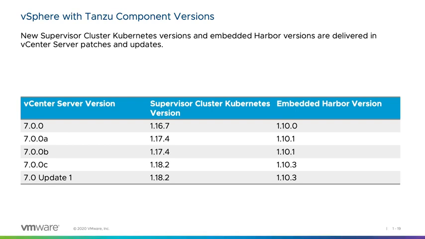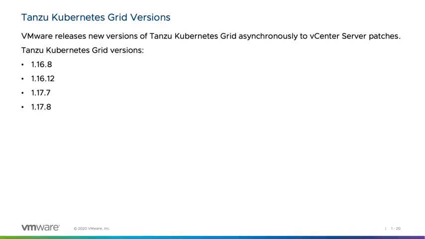Supervisor cluster updates may be released that do not change the Kubernetes version. VMware releases new versions of Tanzu Kubernetes Grid clusters asynchronously to vCenter Server patches. The following Tanzu Kubernetes Grid versions have been released so far.